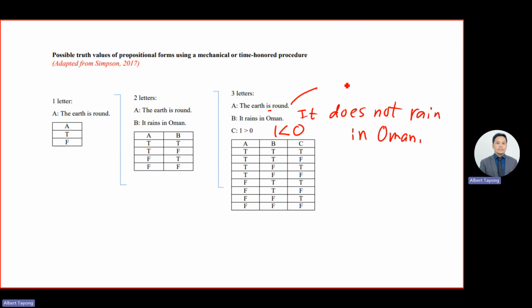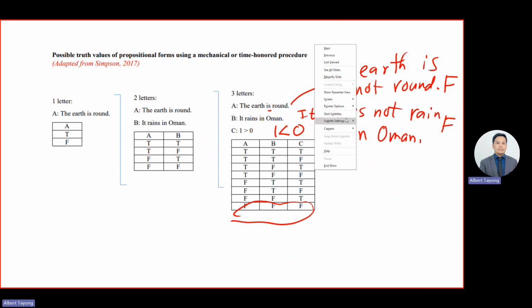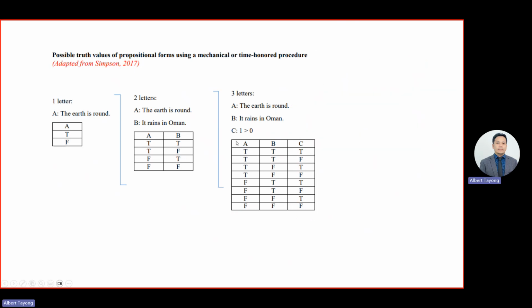And here I'm going to say the earth is not round. So it's going to be F, F, and F. The last one. Okay. So that's the meaning of that. It keeps on changing depending on the propositions.